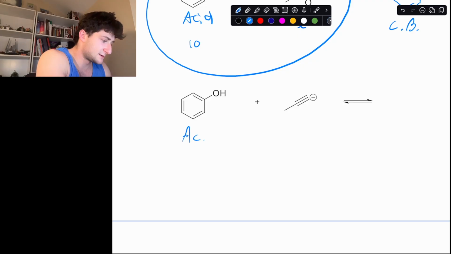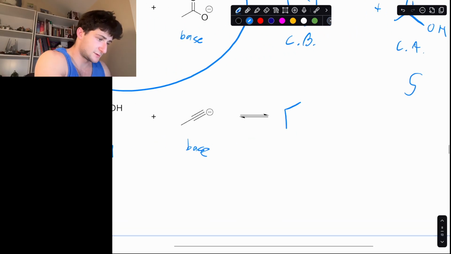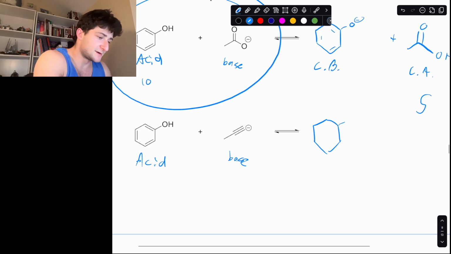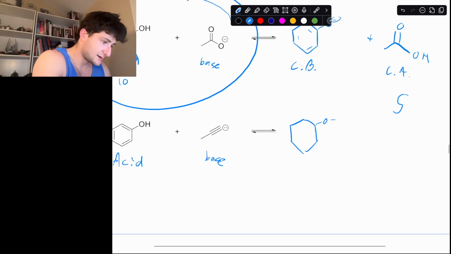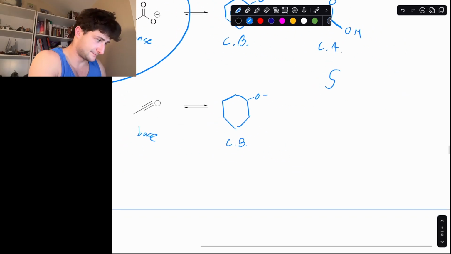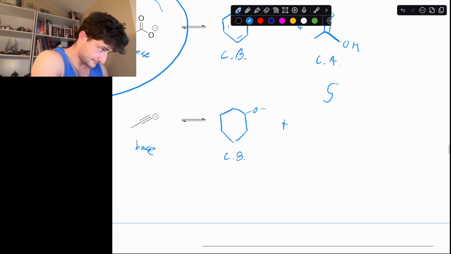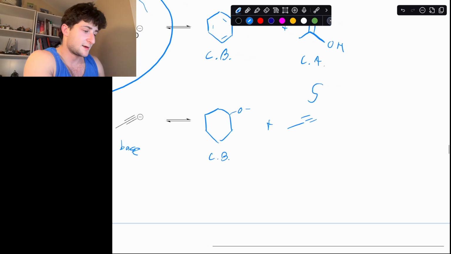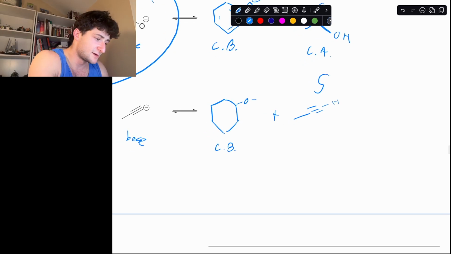Alright, acid. Base. So they were nice over here because they gave us the same one. So don't even have to think. Nice. Plus. I'm going to draw the hydrogen just cause, but you technically don't have to.